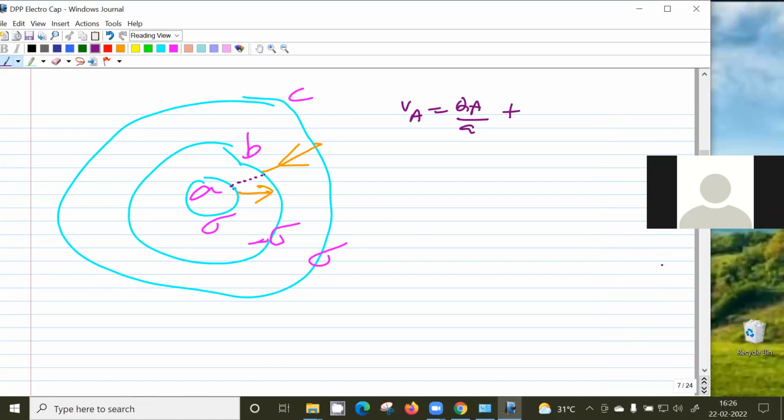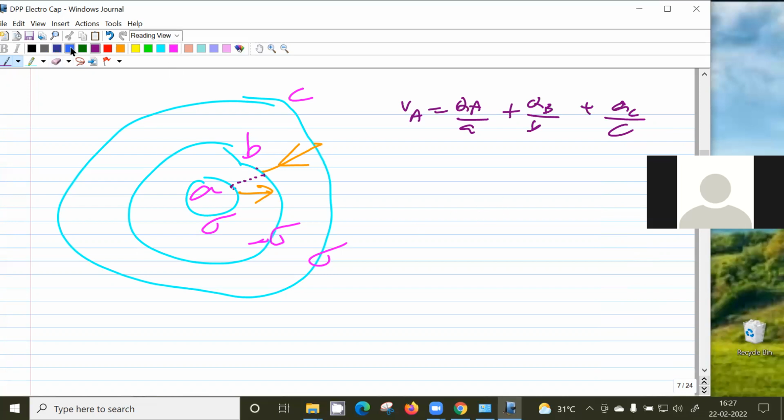For outside points it's as if the point charge is located at the center, and for inside points there is no potential difference because inside the electric field is zero. So the potential due to B at point A is the same as potential due to B at this one. That is QB by B plus QC by C. QC is charge on C.